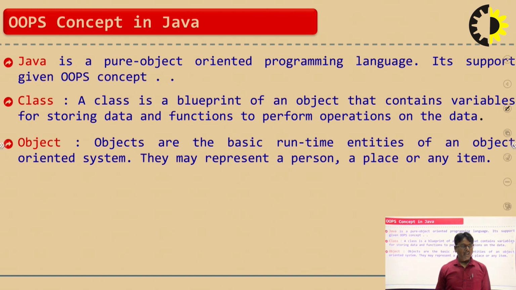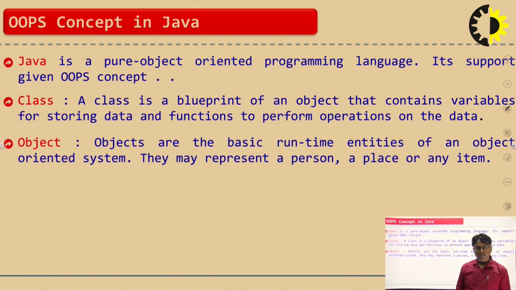It is said to be pure object-oriented because everything happens in a class. Each and every piece of code is written into a class, and then it is accessed with the help of an object created in the main method, in whichever class holds the main method.